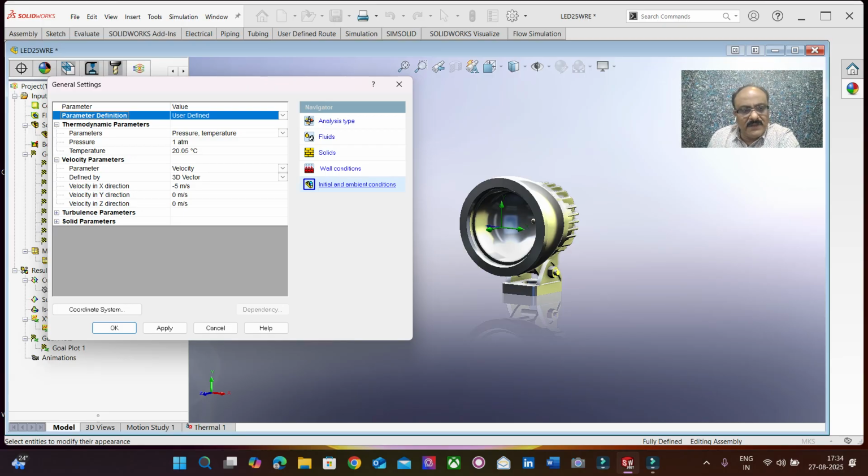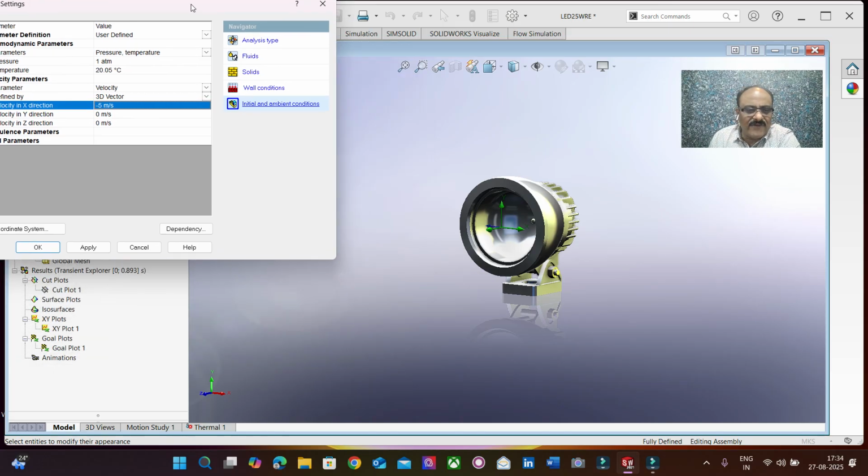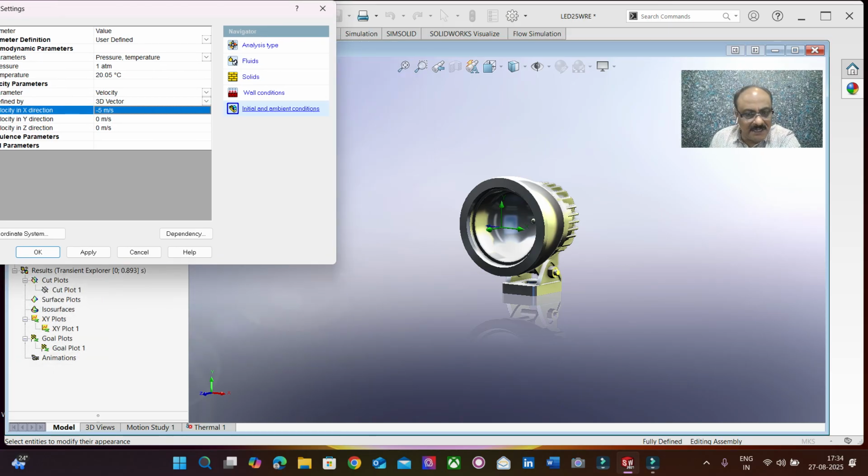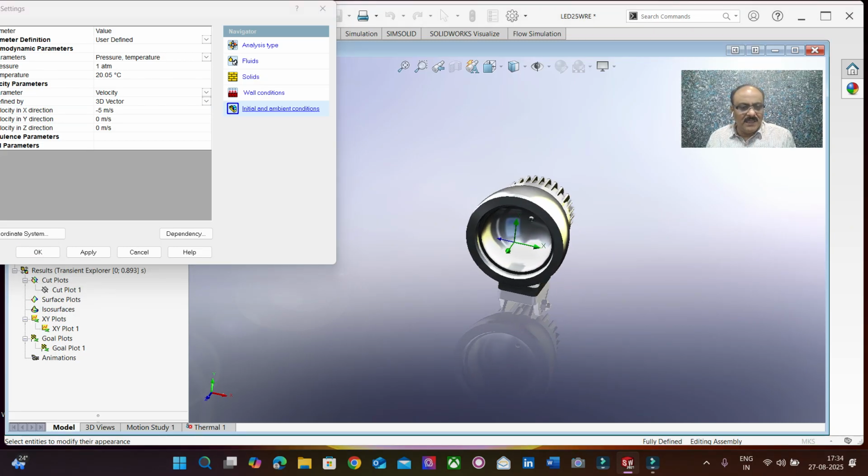Here I am defining the velocity parameters: the velocity is about 5 meter per second along the negative x-axis. This is my projector lamp.